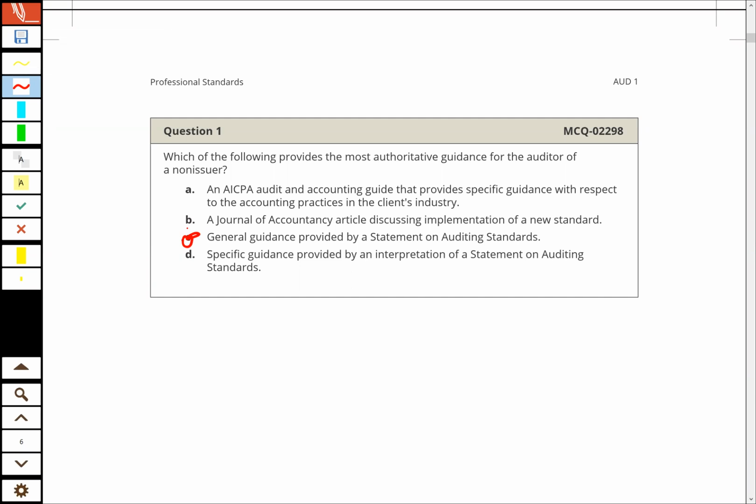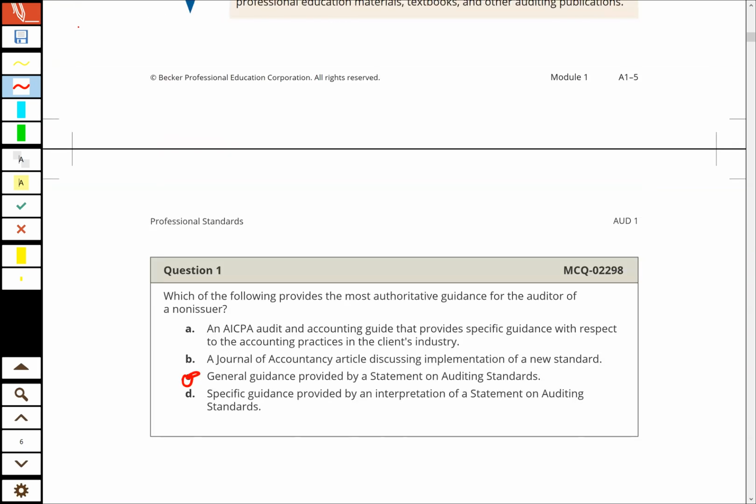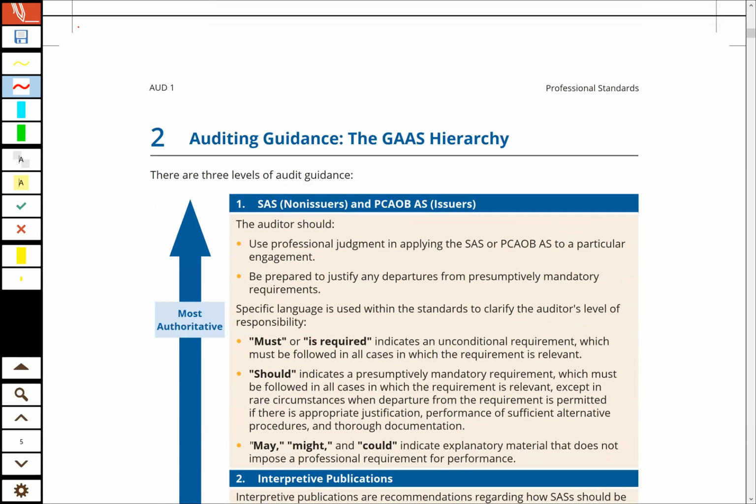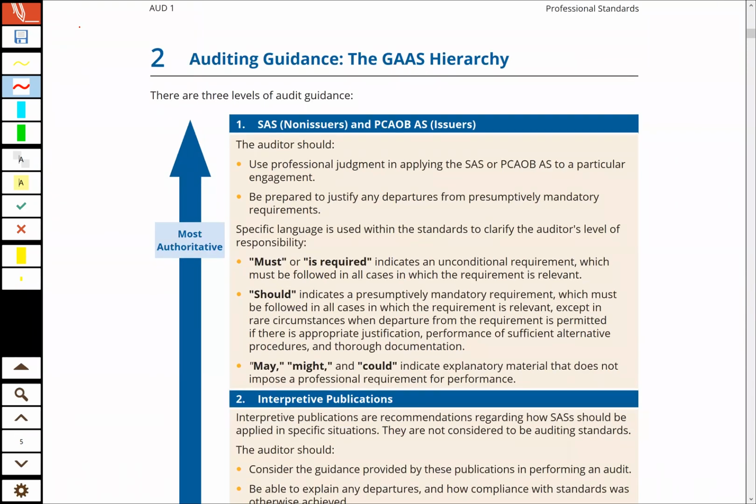Now, maybe the reason we had a little bit of trouble with that is I didn't stop here appropriately. So what happens? The standards issued by the AICPA, the SASs, and the PCAOB requirements, which weren't talked about on that question, are the most authoritative, right?